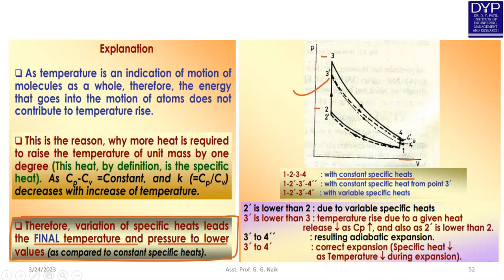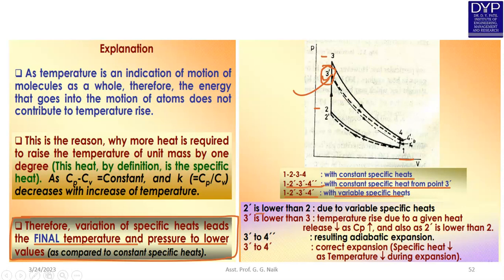And 1, 2 dash, 3 dash and 4 dash is the cycle with variable specific heat. If you see 1, 2 dash, 3 dash, you will get a much lower temperature. The maximum temperature, sorry, maximum pressure that we get when we consider the variation in specific heat is definitely lower as compared to the ideal cycle, in which we assume that specific heat is constant.